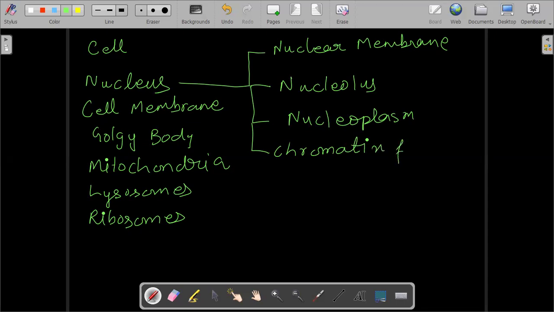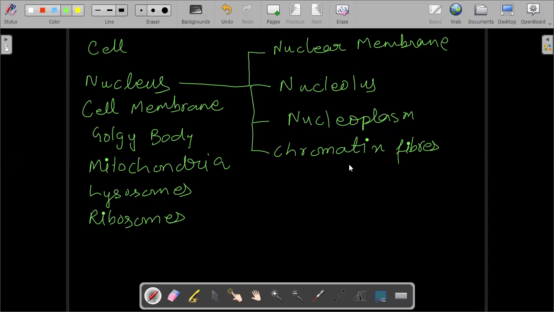So these are the four constituents, or the four things which make up the nucleus. The nuclear membrane is the boundary of the nucleus, and it separates the contents of the nucleus from the surrounding cytoplasm. Nucleoplasm is a granular substance present inside the nucleus, and it is the site of cell division also.